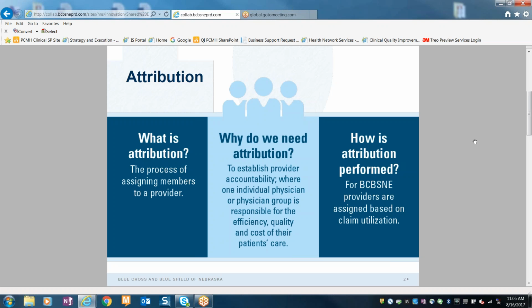So the cost and the quality of that member's care, holistically. So not only what happens within the primary care clinic, but the total cost of care and the bigger picture for that member. So all medical services received.